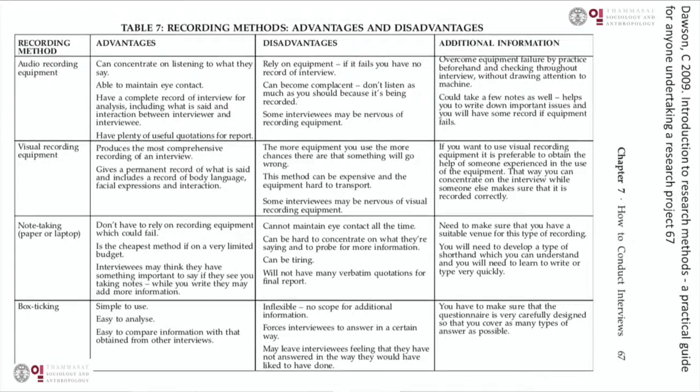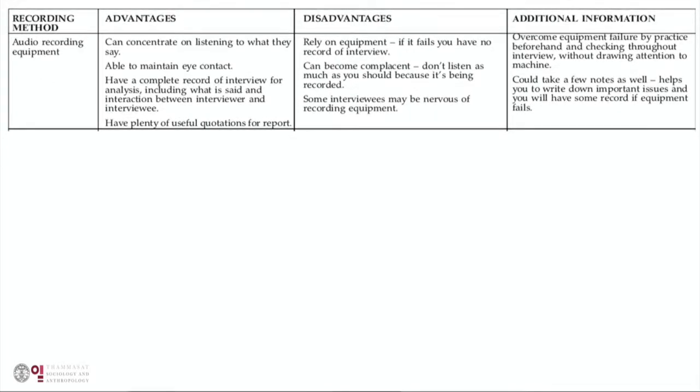And I think you know me well enough by now to know that that would be my absolute least favourite way of recording data. So let's look at these individually.